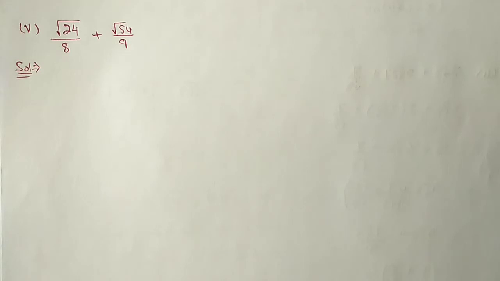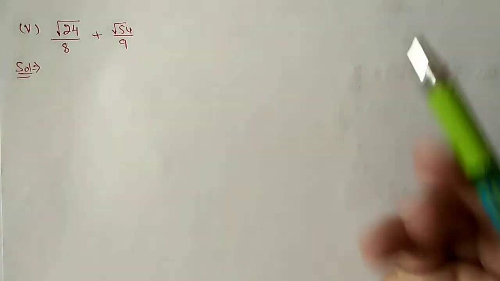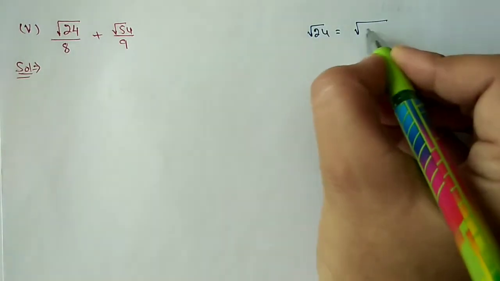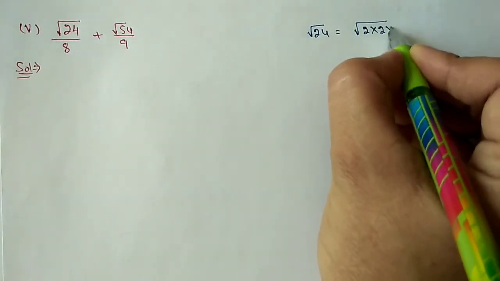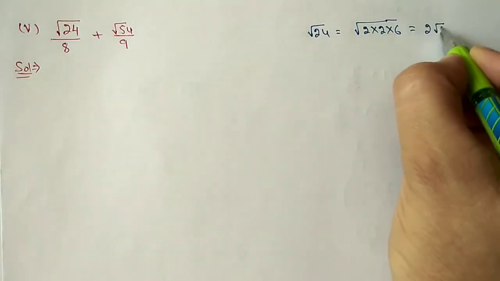Next, fifth part, root of 24 divided by 8 plus root of 54 divided by 9. So first, root of 24 and root of 54 we will simplify. Root of 24 we can write as 2 into 2 into 6, or 2 root 6.